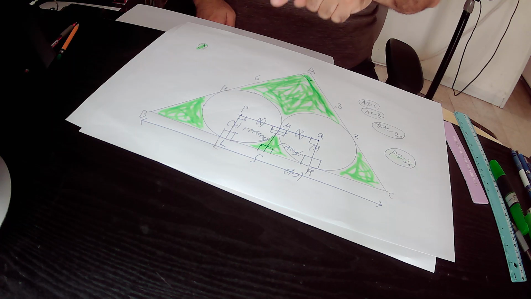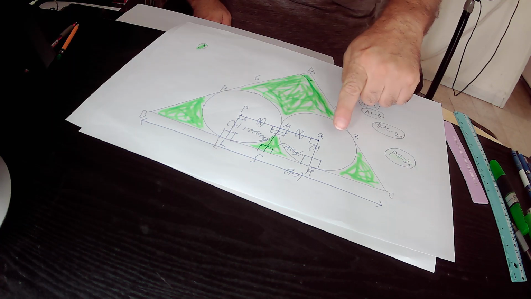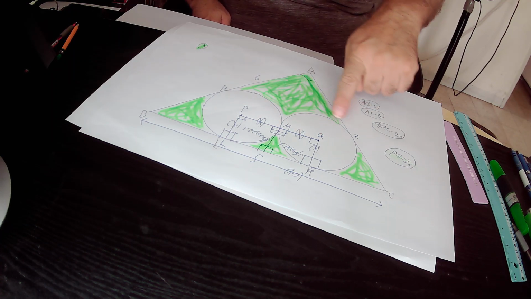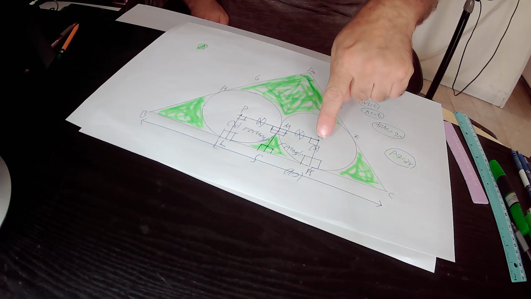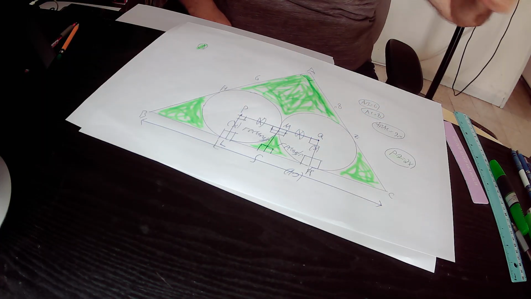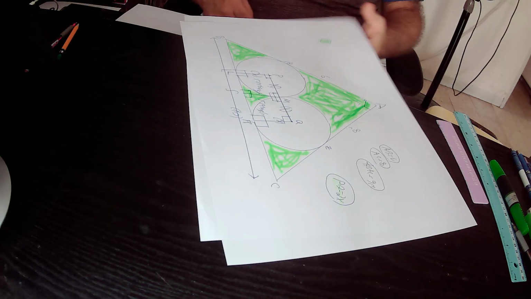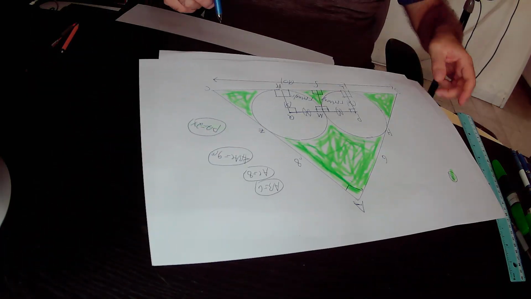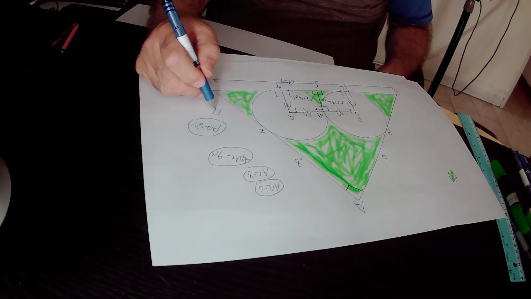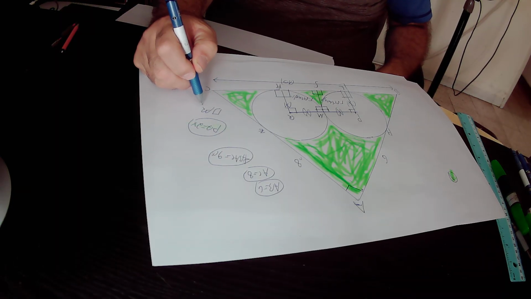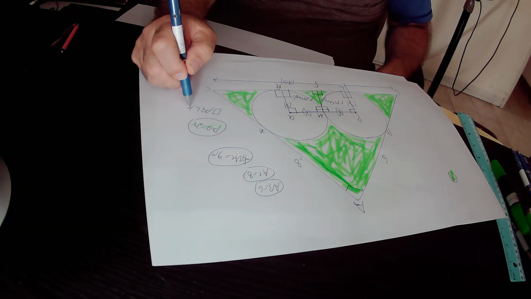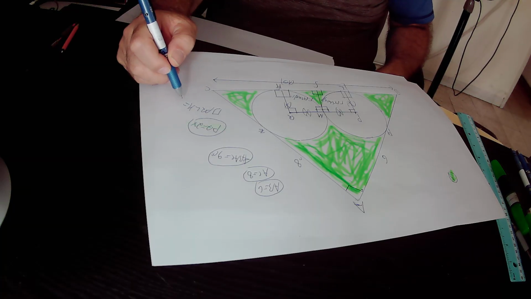What about the big quadrilateral PQKL? In quadrilateral PQKL, we have 1, 2, 3, 4 right angles, and therefore it is a rectangle. So now the big quadrilateral PQKL is a rectangle because it has 4 right angles.